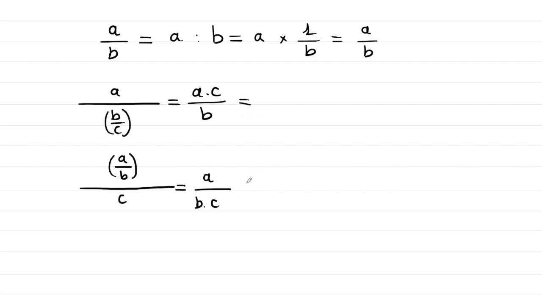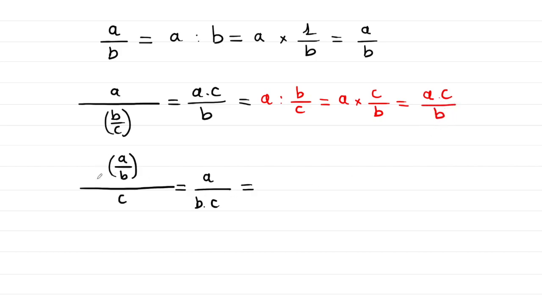So let me explain in red pencil. Look at this: you have a in the numerator and b over c in the denominator. When you change this to the horizontal form, you write a divided by b over c. Dividing by b over c means you multiply with c over b, and that's why you get a times c over b.